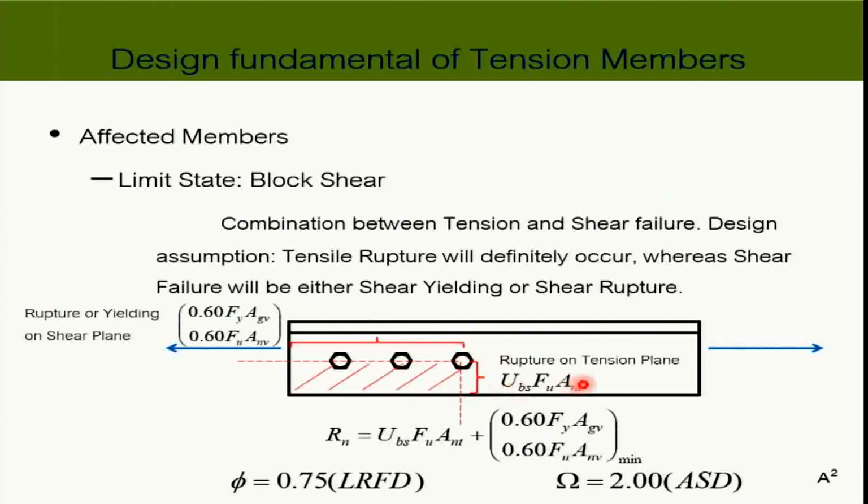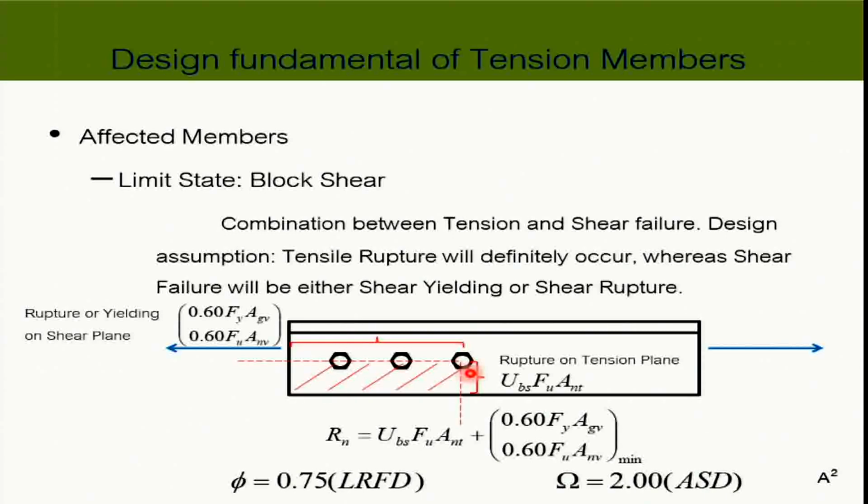So when we calculate this, it is the ultimate strength multiplied by the net area under tension. So the net area here means that you need to deduct the area lost to the hole. And according to this particular picture, the hole here and the failure line here is right here.